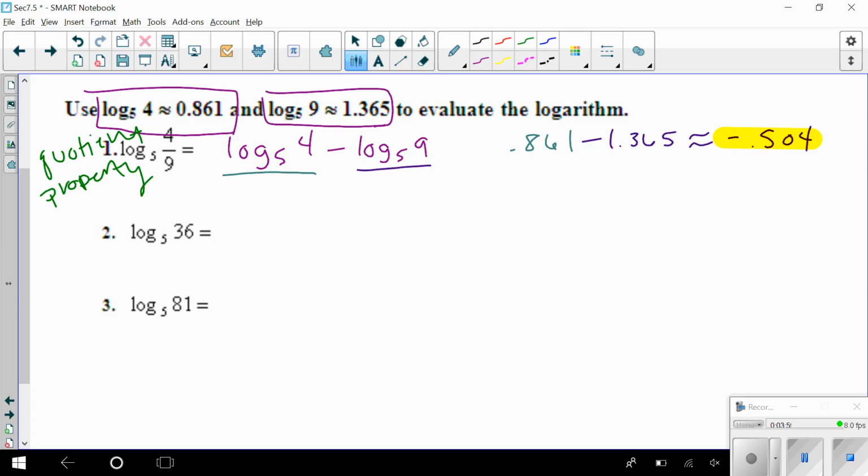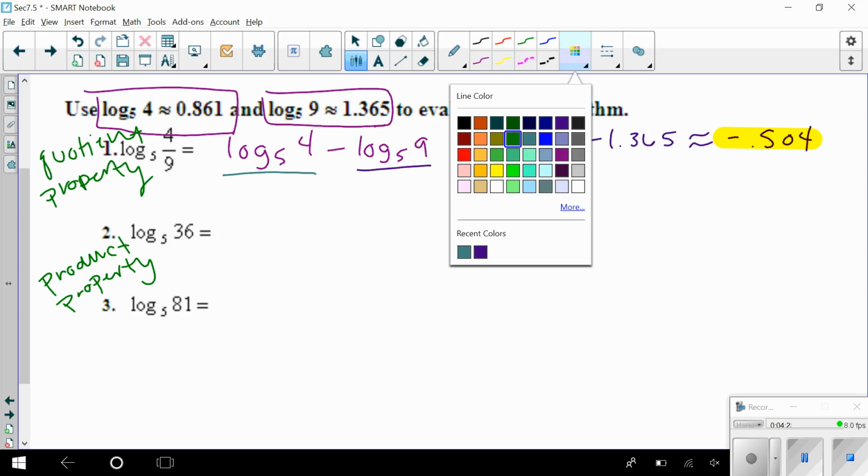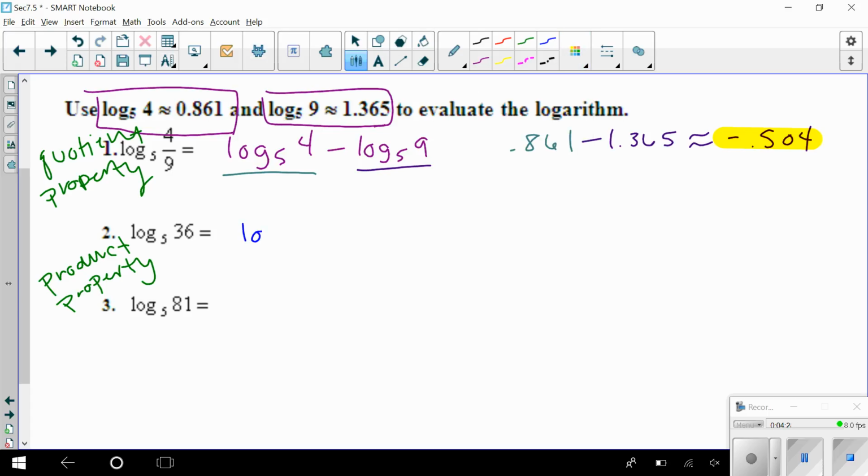All right, in this next one, we're going to use the product property. We don't have anything that tells us what log base 5 of 36 is, but we do have something that says what log base 5 of 4 is and log base 5 of 9 is. So log base 5 of 36 is the same as log base 5 of 4 times 9.